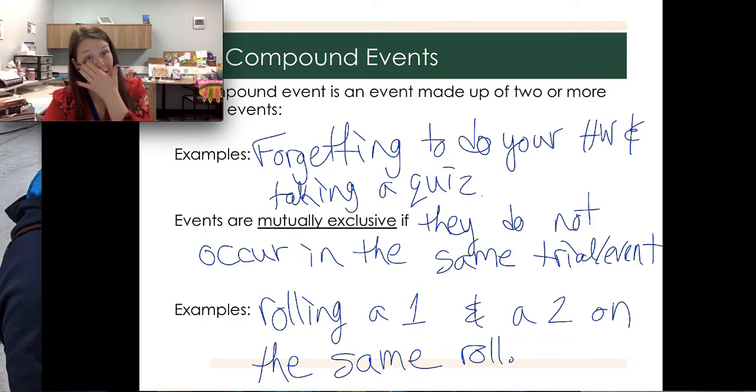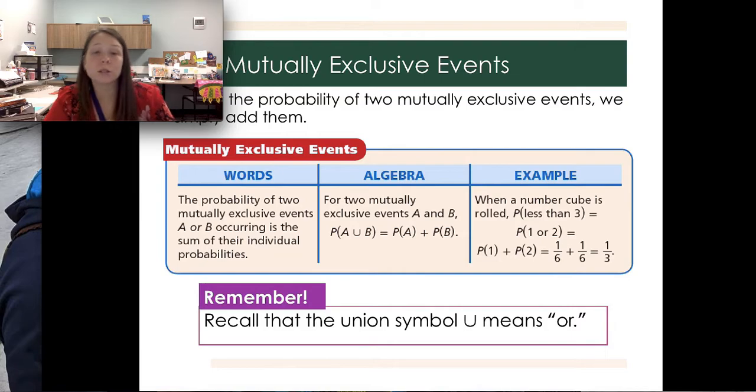Right? Those two things cannot occur at the same time. For two mutually exclusive events, it'd be finding the probability of event A or B. I describe these as the or probabilities because you are going to add them together.